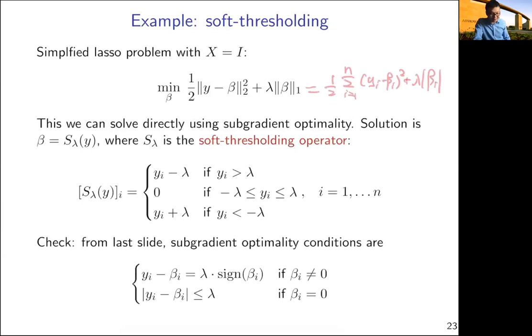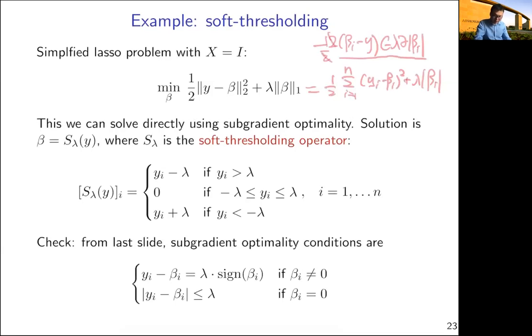So it suffices that we solve each coordinate separately, and by plugging in the suboptimality condition, this becomes minus 2 times (beta_i minus y) inside lambda times the subdifferential of beta_i. We get the subgradient optimality conditions that look like this quantity.